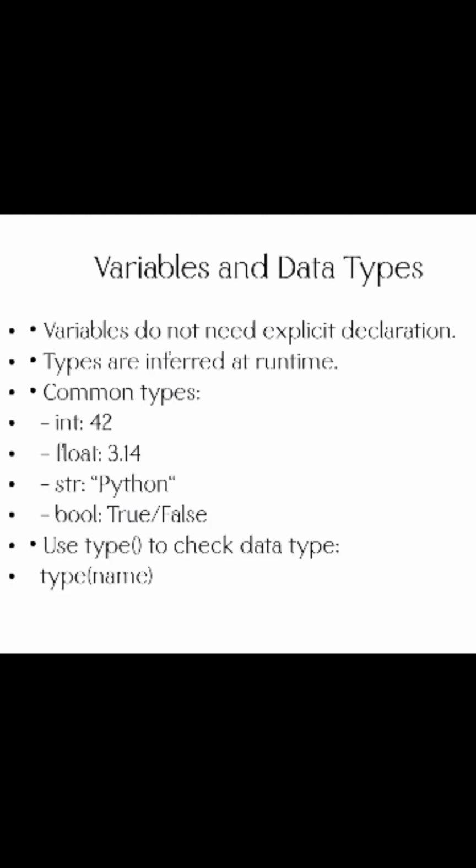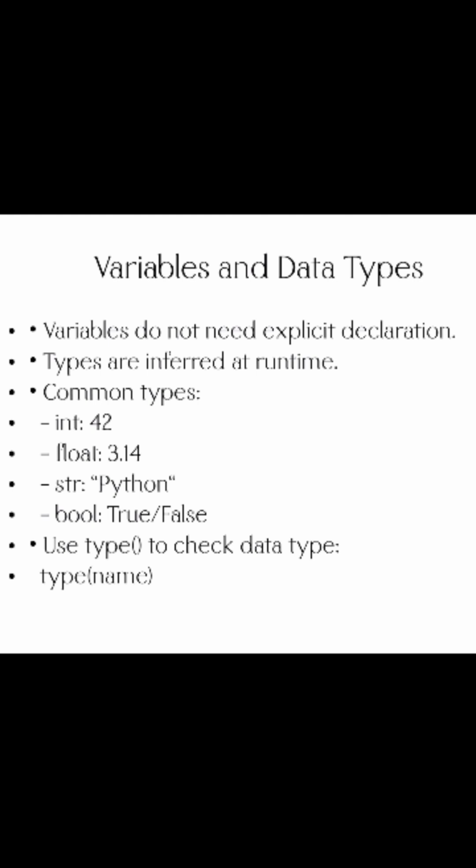Then the next slide is variables and data types. Variables do not need explicit declaration. In Python, variables are used to store data that can be referenced and manipulated during program execution. A variable is essentially a name that is assigned to a value.